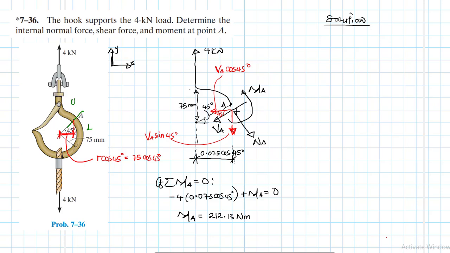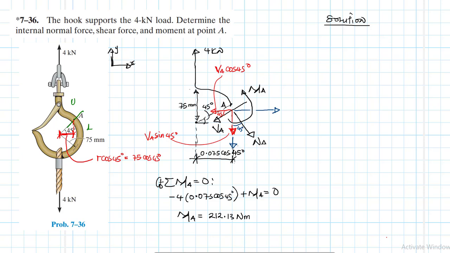NA is also going to have two components. We have one in this direction like this, then we have one in that direction like that. Since all the angles are 45, it doesn't matter which one we pick. So let's say we pick this one as our 45.